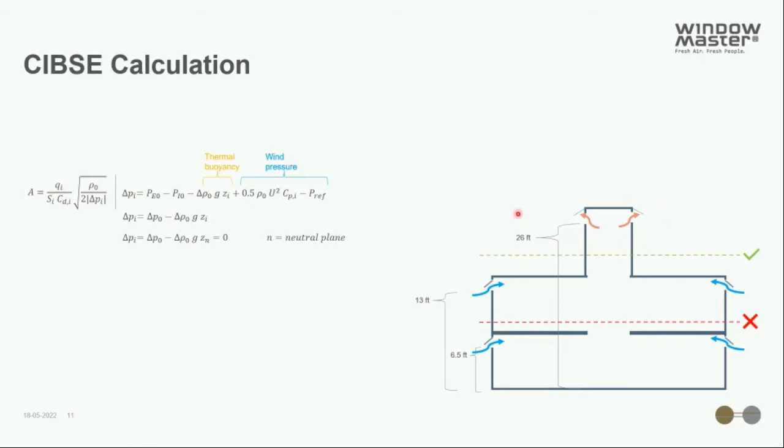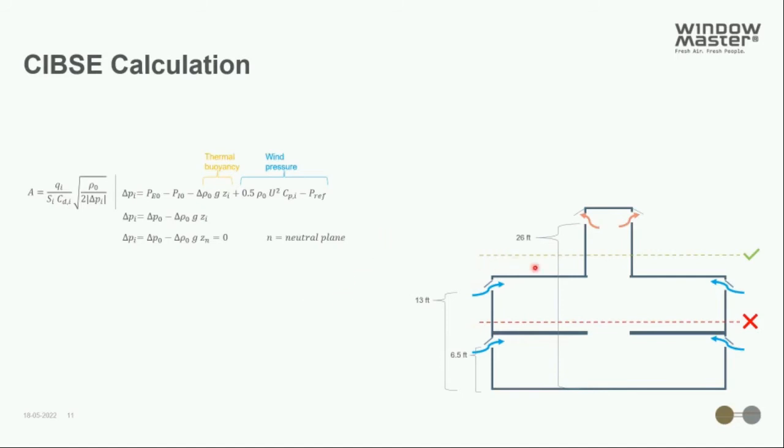So what we're aiming to avoid with our design is having a neutral plane which is too low in the building, because this would mean that the second floor windows are actually being outlets of old air transferred from the first floor. And this is something that we really want to avoid.